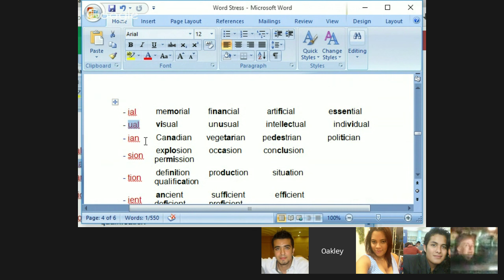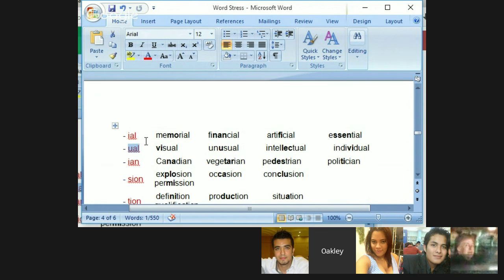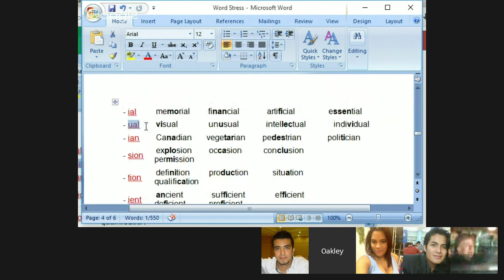In this rather large group of suffixes, the syllable immediately in front of the entire suffix will get the stress. For example, in the first one here, memorial.